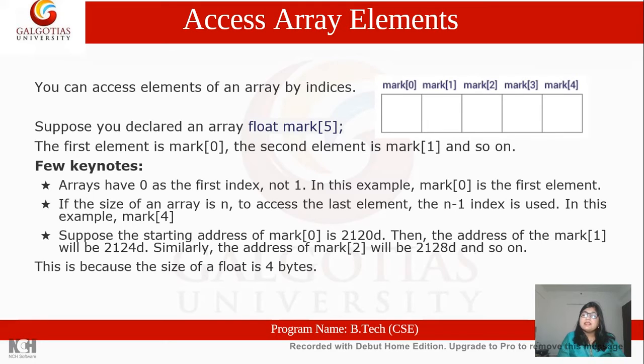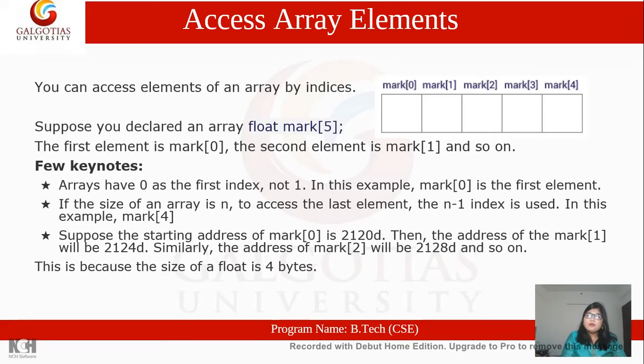Now the first element is marked as mark[0]. So our first index value is 0, where the first element of this array will be kept. Then for the second element, the index value will be 1. I have already discussed we'll be using n-1, and so on. This is the pictorial representation of an empty array where we have not kept any value up till now. It is only the structural part.